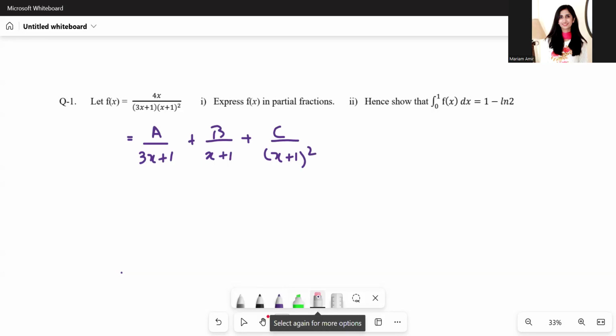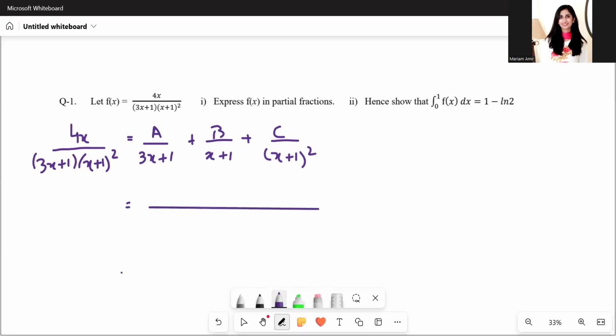And on the left-hand side, I should write the expression, which is 4x upon (3x plus 1) times (x plus 1) whole square. Now we'll make the denominators the same as the left-hand side on the right-hand side.